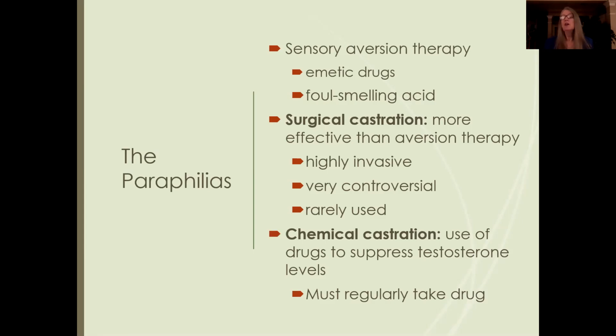Chemical castration, where people take a drug that makes them incapable, usually testosterone levels are suppressed, makes them incapable of becoming sexually aroused. Again, you'd have to regularly take the drug and you'd have to volunteer for it. So while we might look at sensory aversion therapy and say, oh, that sounds awful, most of us would say, well, it seems kind of better than chemical castration or surgical castration.